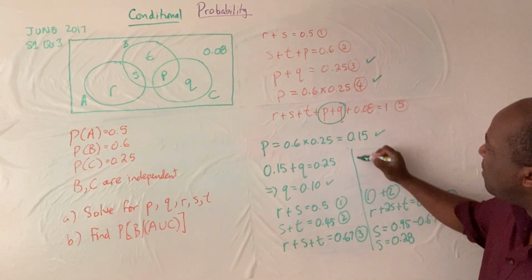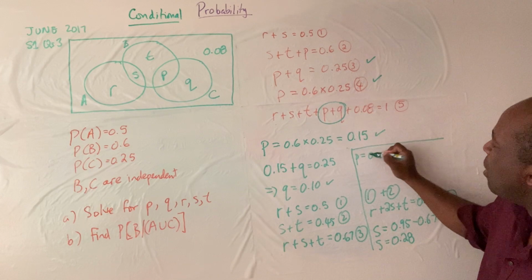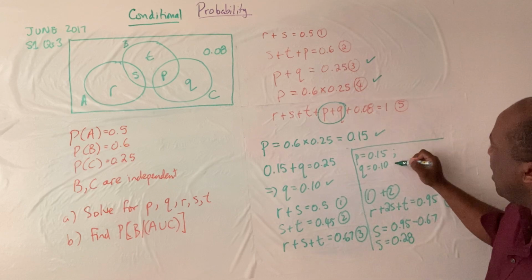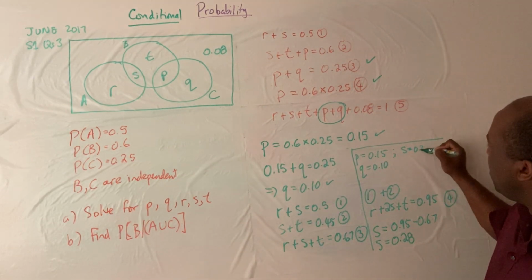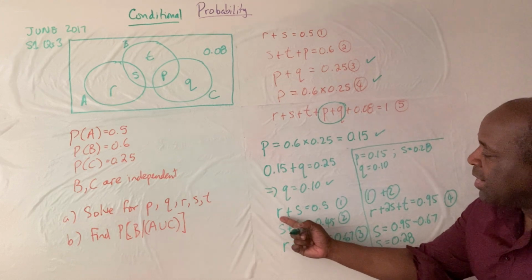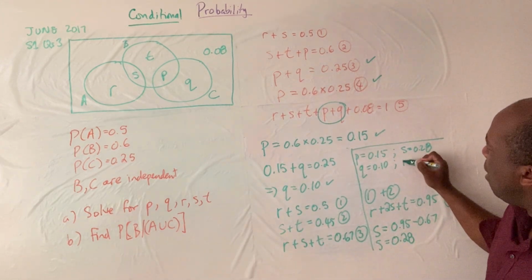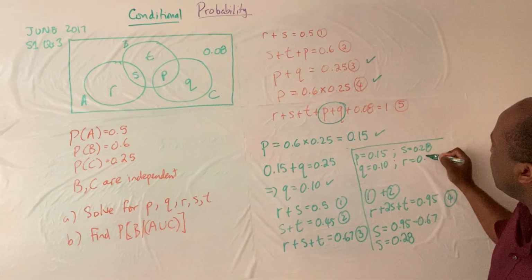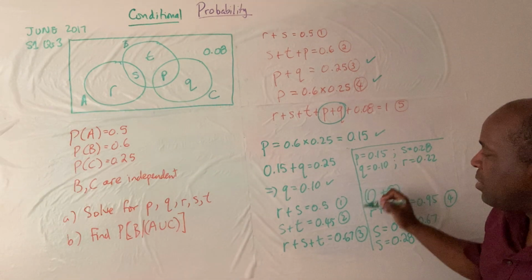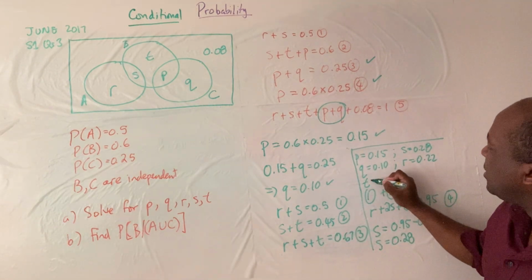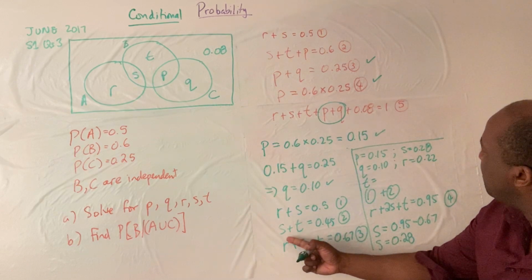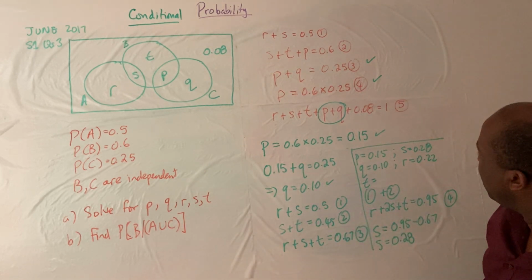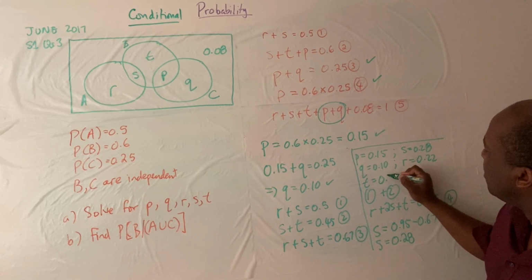So let's look at what we have so far. We have P to be 0.15. We have Q to be 0.10. We have S to be 0.28. And with that now I can easily calculate R. R will be 0.5 minus 0.28, which is 0.22. And then once I know R, I will know T. So T will be 0.45 minus S. So 0.28 from 0.45, that would be 0.17.